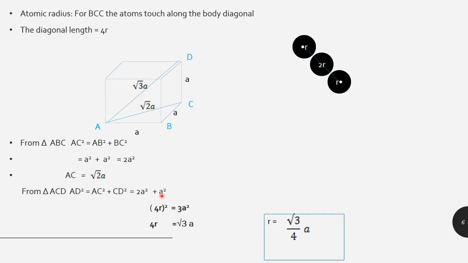And also AD is the diagonal length which is 4r. So substituting that, (4r)² is equal to 3a². You get 4r = √3 a. From this you get the atomic radius r = √3/4 × a.